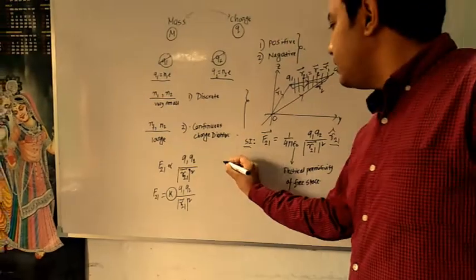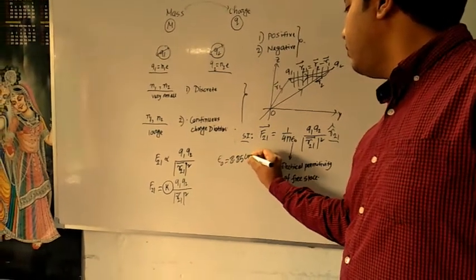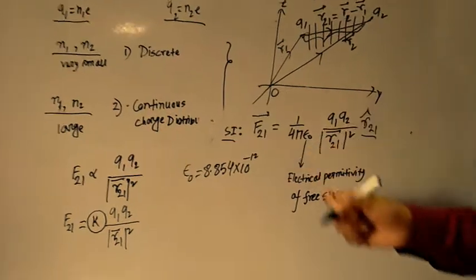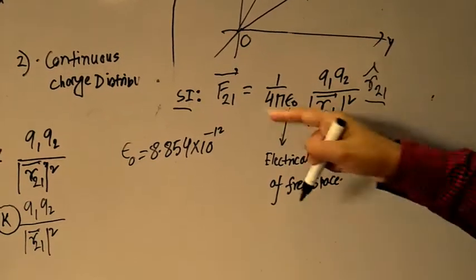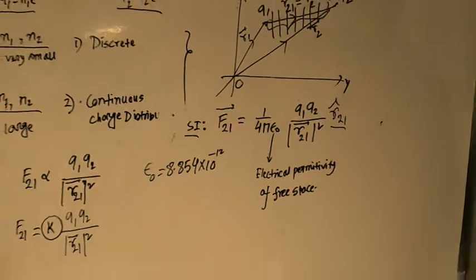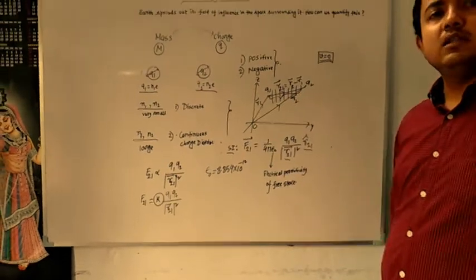The value of epsilon naught is equal to 8.854 into 10 to the power minus 12, and its unit we can calculate from here. The SI unit of charge will be coulomb, distance meter, and force newton.